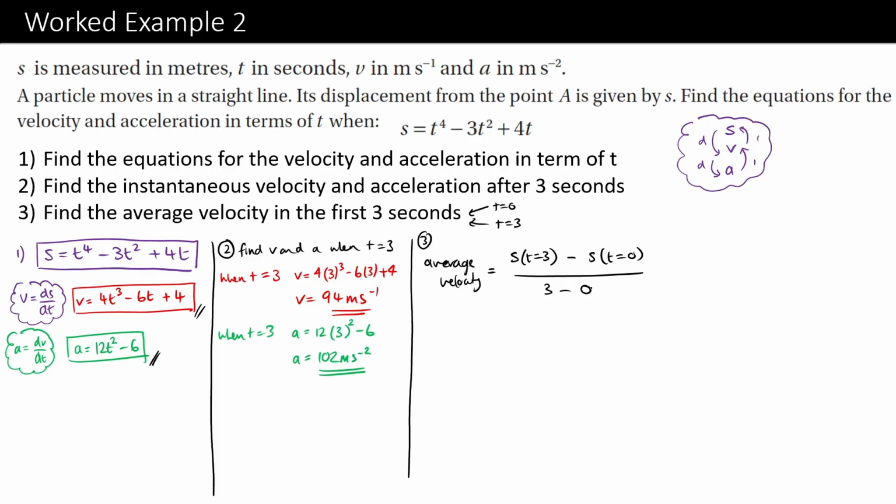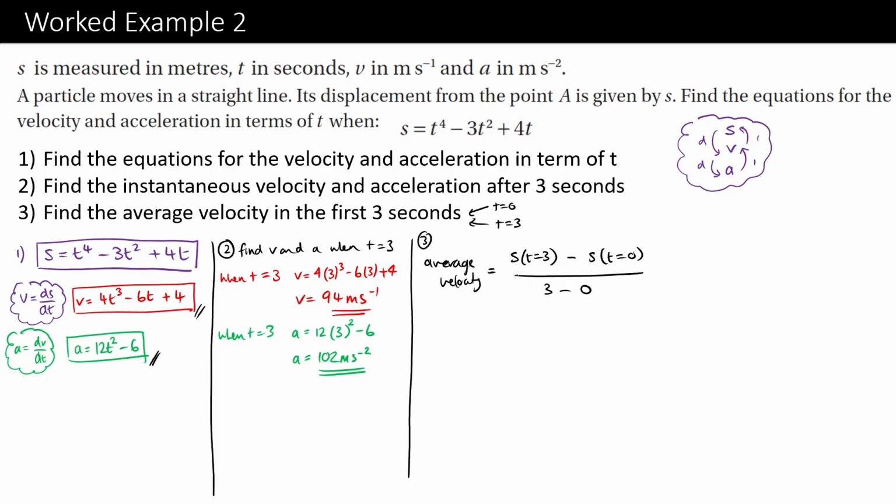And again, you might think, what's the point of writing 0? Well, if the question asked to find the average velocity between 7 seconds and 11 seconds, then I'll need to do 11 take away 7, which would give me 4. So again, the denominator may change depending on the question and how it's written.